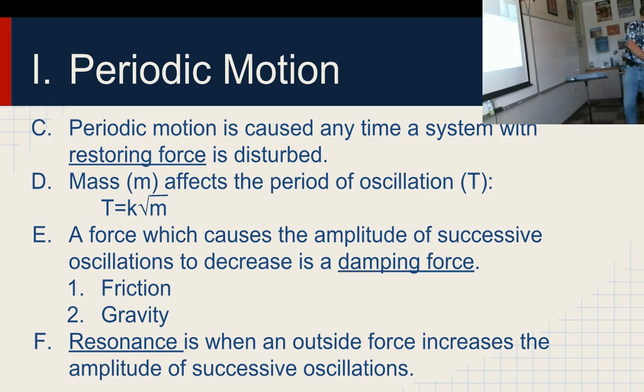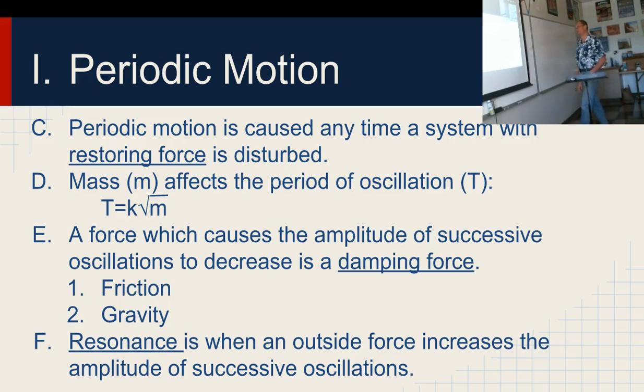But it pulls past the rest position because of momentum until gravity grabs it and says, no, you pulled that too far. Now gravity pulls it down, and the spring says, no, I want it up, and gravity pulls it down. So in that case, you have 2 restoring forces, right? And they're trying to get the mass to be back in the middle. Periodic motion is caused anytime a restoring force is disturbed.